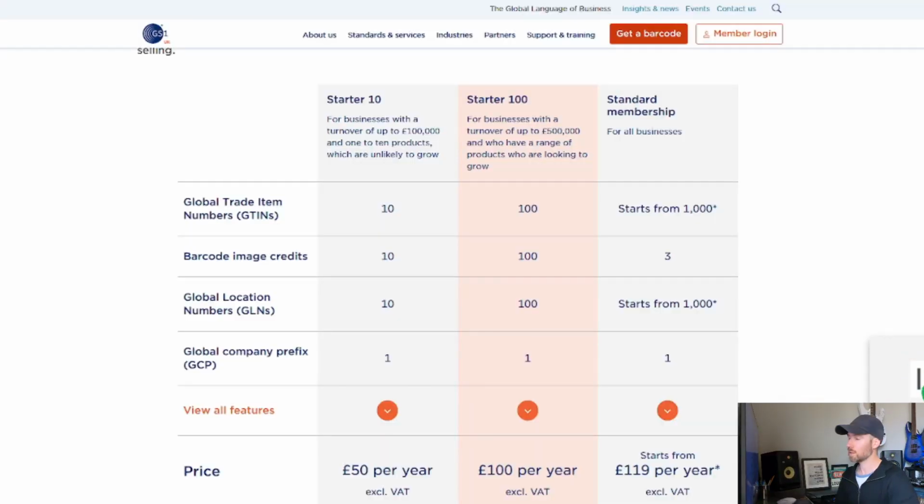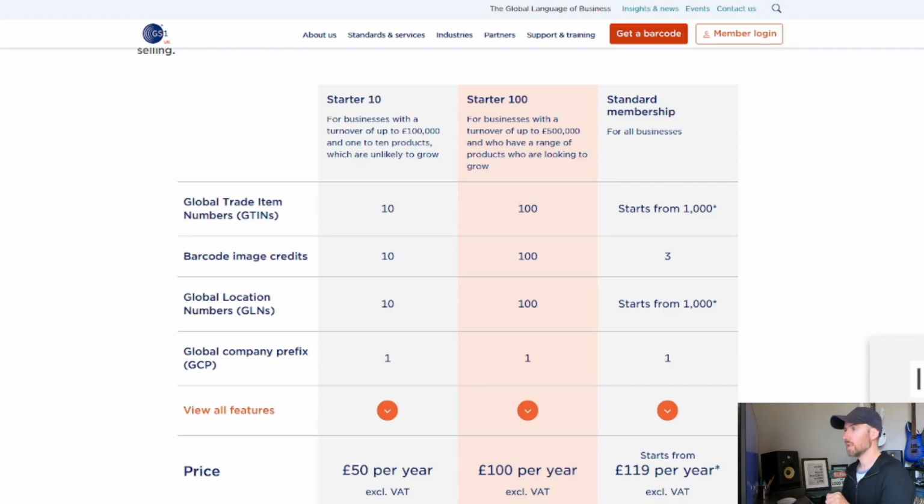Okay, so that probably would apply to one of you independent artists, because I'm assuming that most of you will not be making an annual turnover of more than £100,000. Starter 100 is for businesses with a turnover of up to £500,000 and who have a range of products who are looking to grow. And then Standard Membership is for all businesses.